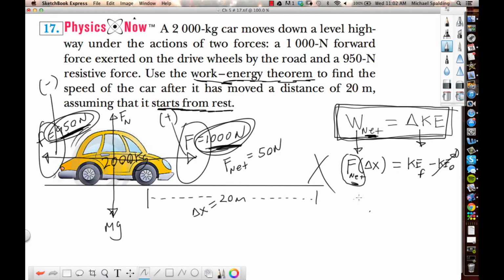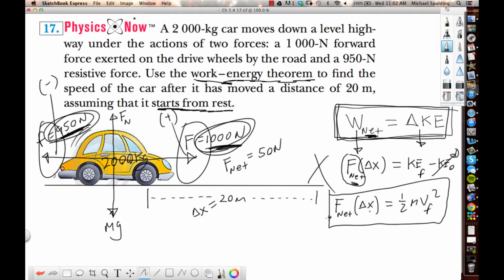Okay? So here we go. We have net force times the displacement, that's the work equation, equals 1/2 m v final squared. What's the only thing missing in this equation? v final. So v final is going to be equal to the square root of 2 times the net force times the displacement divided by m.